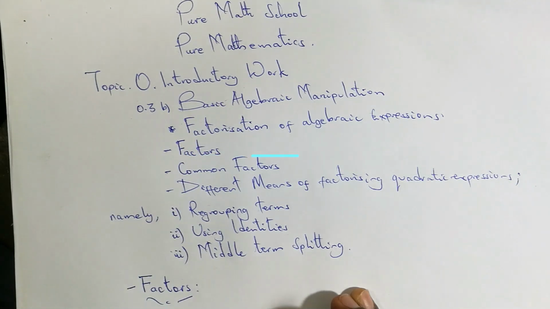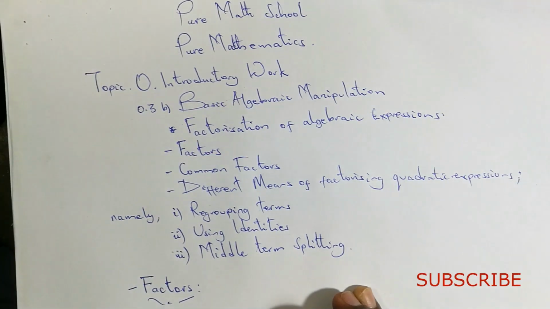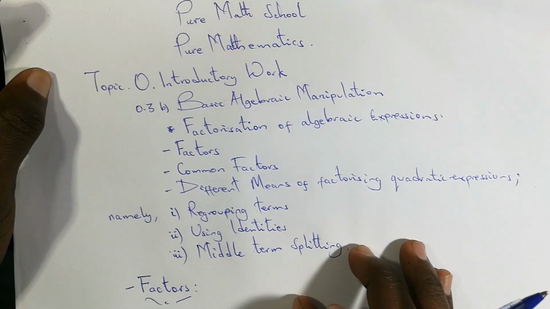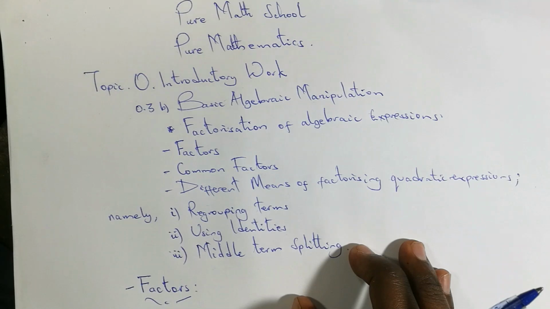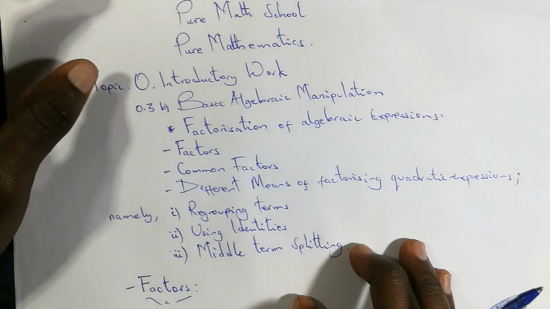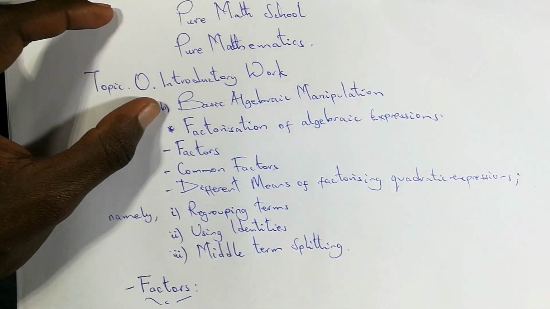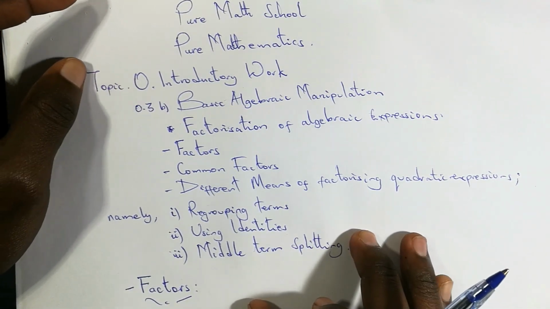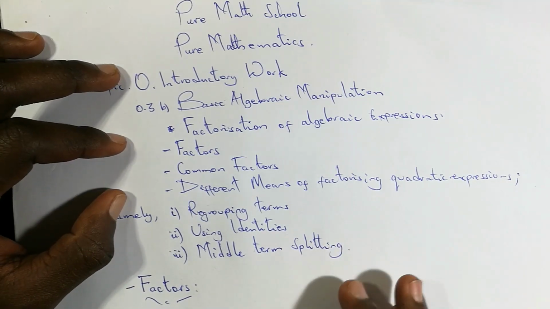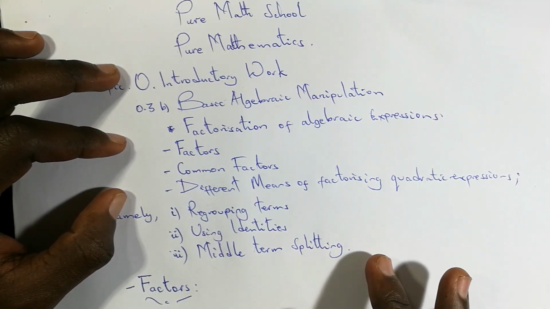And in our previous video we looked at some of the basic identities that we really need under basic algebraic manipulations. Those are the three quadratic identities, and we saw some examples under it that helped us to do some algebraic expansions.